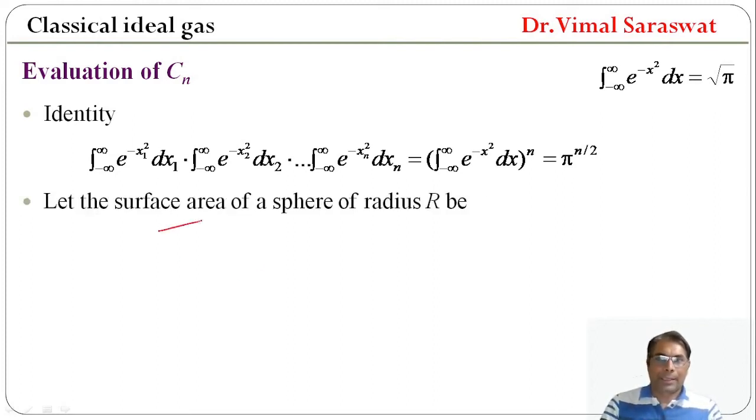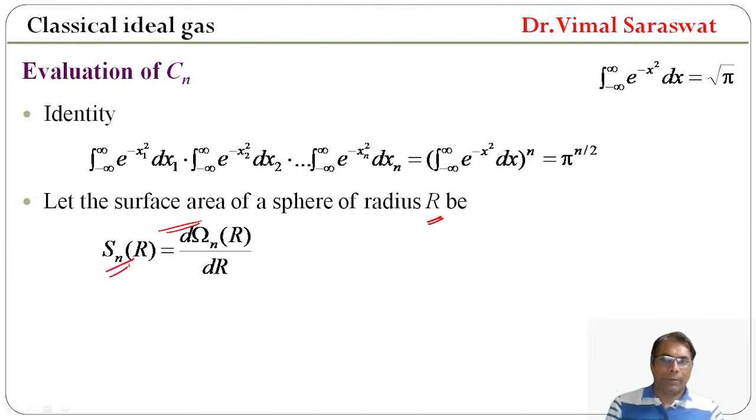Let the surface area of a sphere of radius r be S n r, equal to d by dr of omega n r, because omega n r is the volume, and if we differentiate volume then we get area.